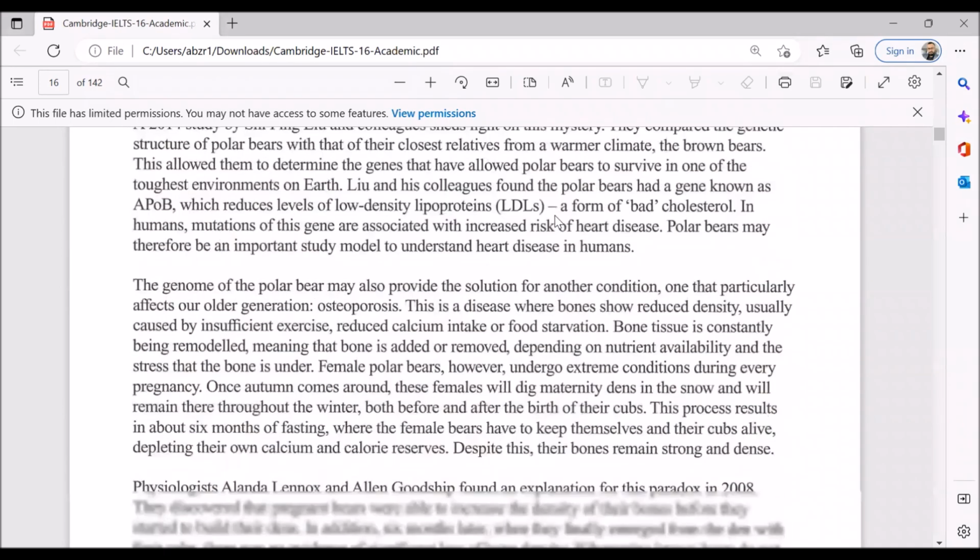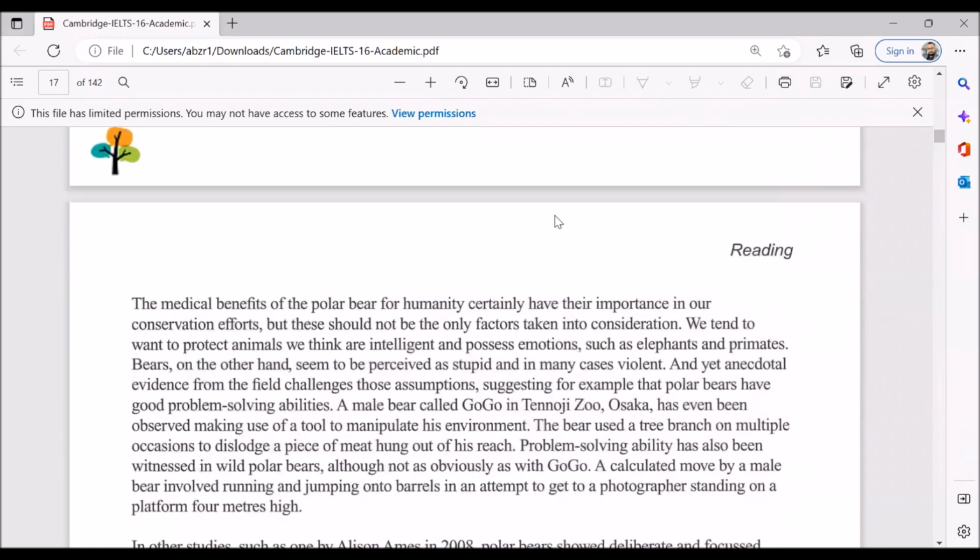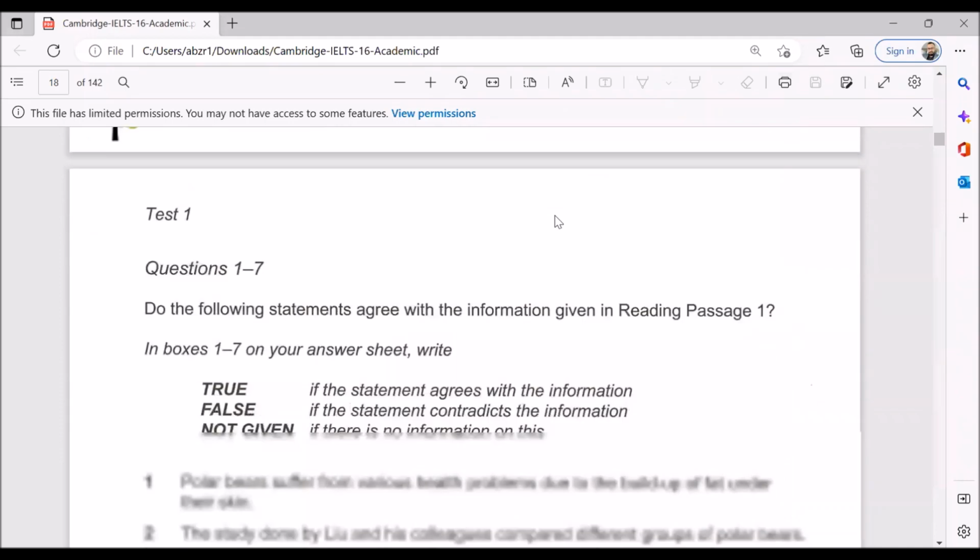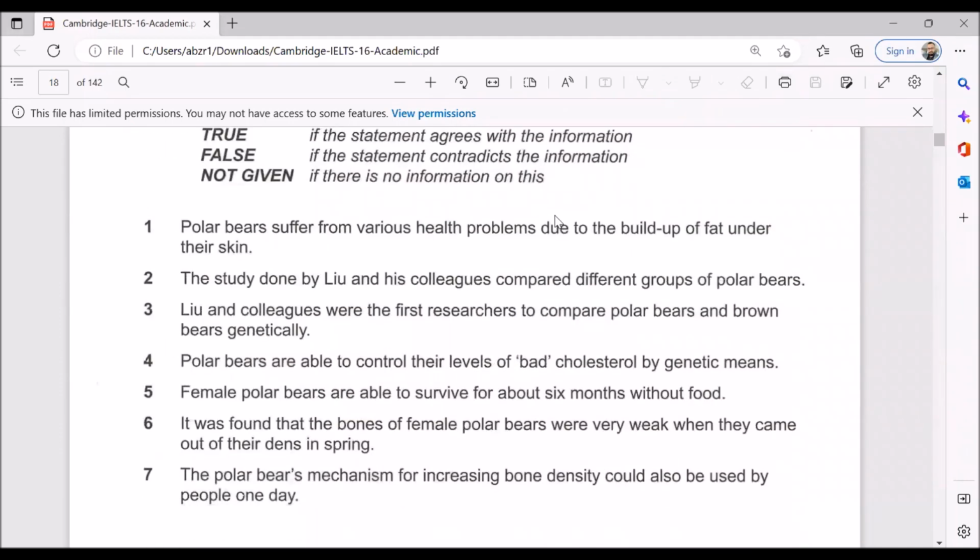And one last thing related to the tips for solving this true, false, and not given question is that, remember, when you understand the question and then you go to the paragraph, find the exact similar information over there, you locate the information, and then you're trying to understand the meaning. The thing that you need to remember is always focus on the qualifying words. Qualifying words, what are those?